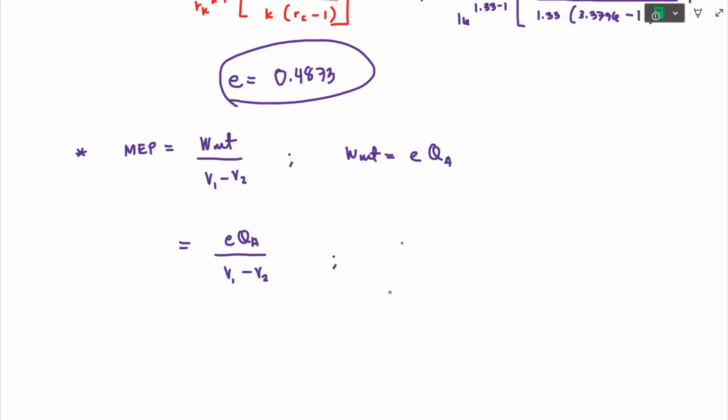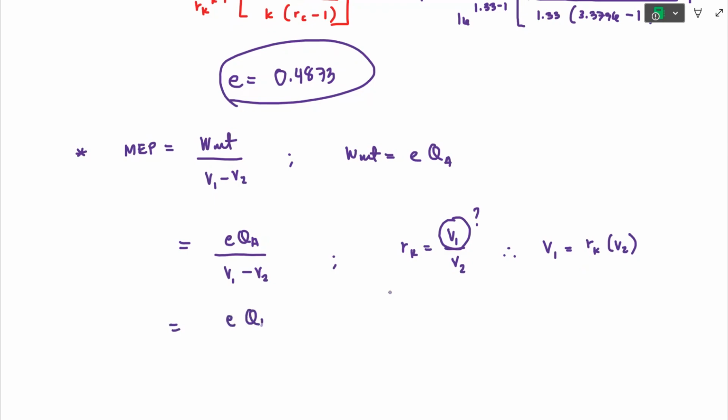And recall mo that RK is equal to V1 divided by V2. Okay? Eh, ang hinahanap natin, wala tayong V1. Okay? Wala tayo niyan. Pwede kong gawin ganito. Therefore, V1 is equal to RK times V2. Okay, substitute natin dito sa V1.